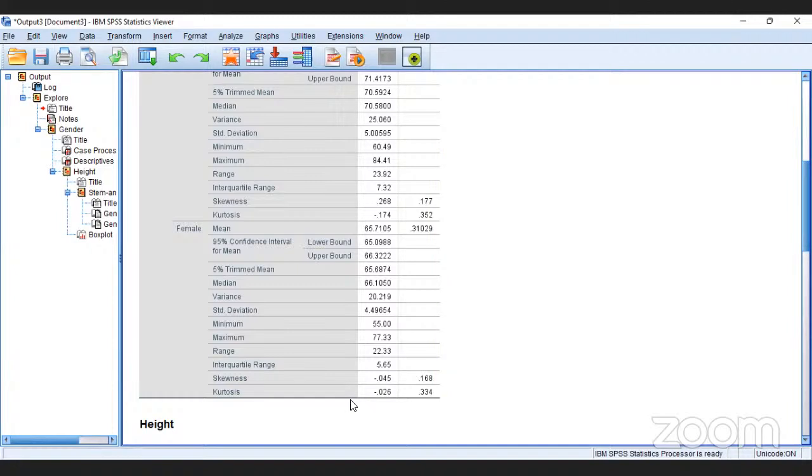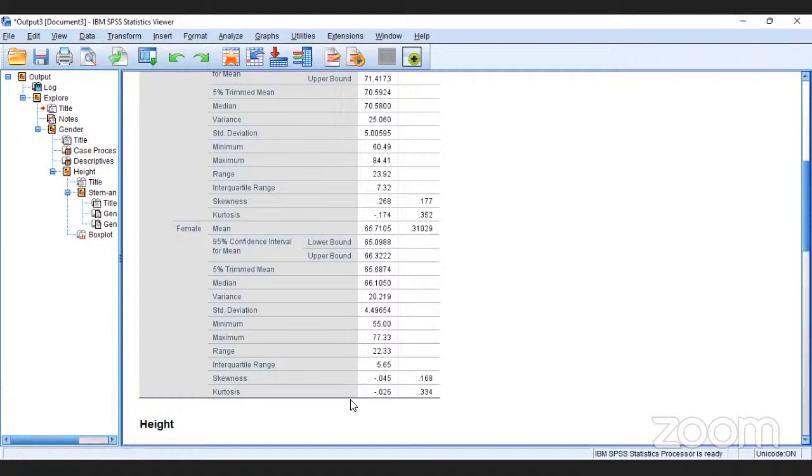Yes, I think skewness for female is negative because most of the heights for females fall below the mean height, while for male, most of the heights fall above the mean height.